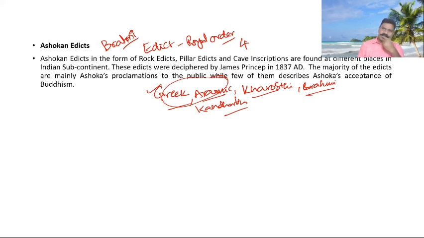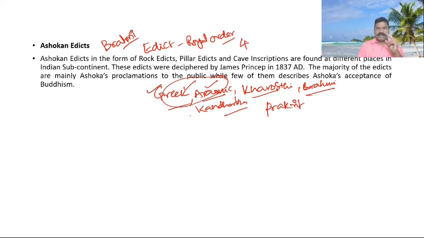So most of the Indian inscriptions are in the Brahmi script, using the Prakrit language. In the northwestern India, he used Greek and Aramaic languages.